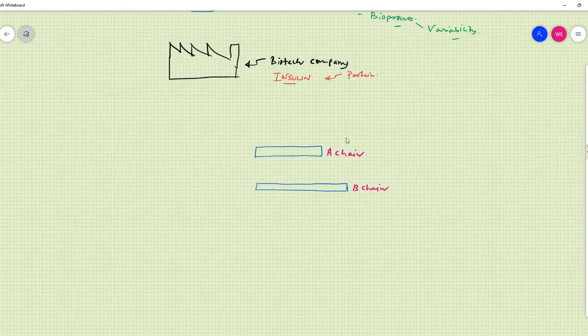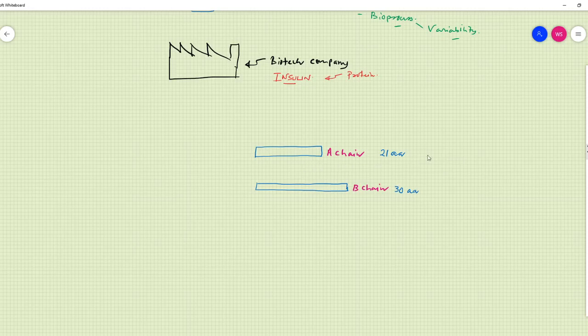This A chain is made up of 21 amino acids, and the B chain is made up of 30 amino acids.